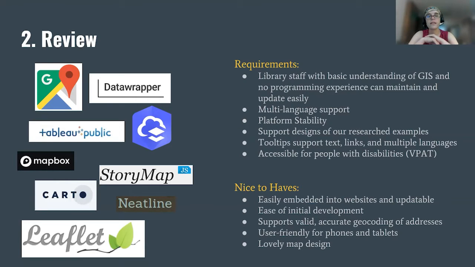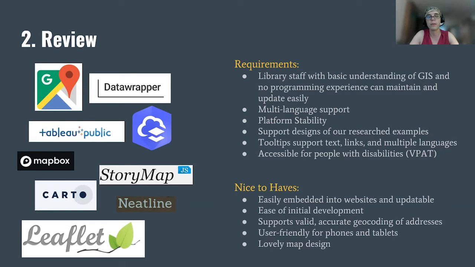We looked at these against a list of requirements and nice-to-haves, and among those things that we were prioritizing had to do with ensuring the long-term sustainability of the tool. So we were really interested in making sure that library staff with a basic understanding of GIS and no computer programming experience could easily update and maintain the tool.